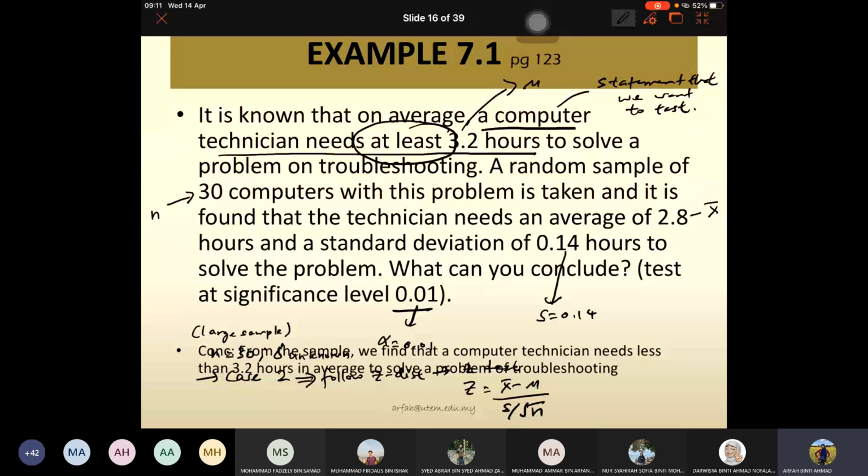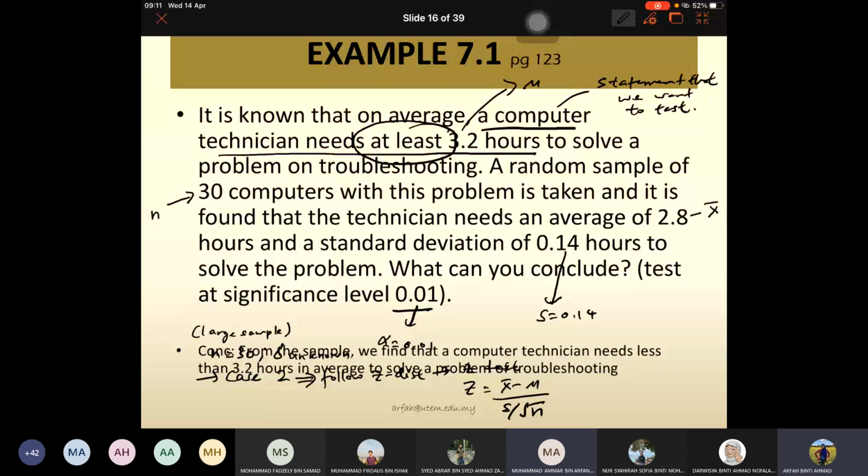So kita nak letak dekat H0 apa, H1 apa? Sekurang-kurangnya meaning that at least 3.2 atau more, kan?